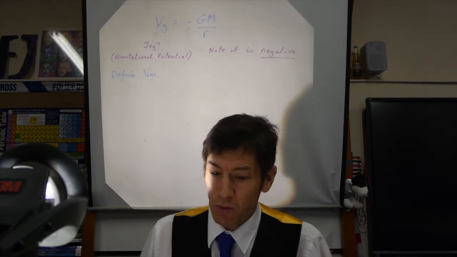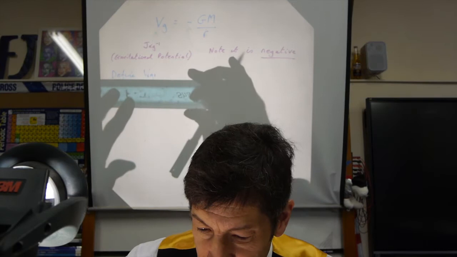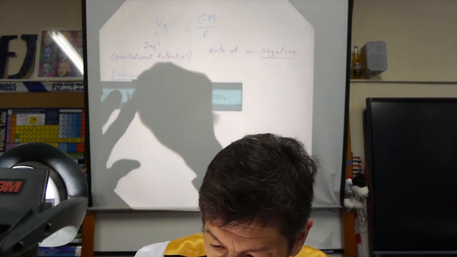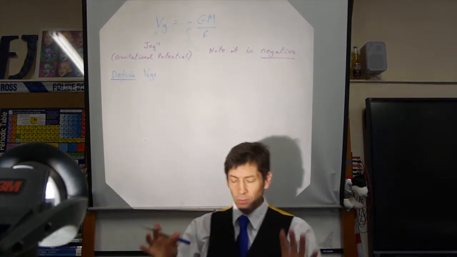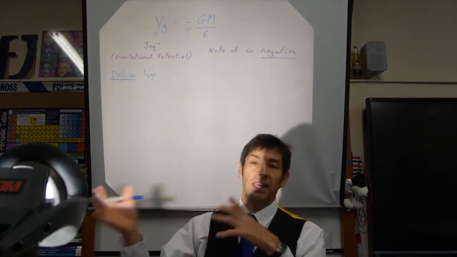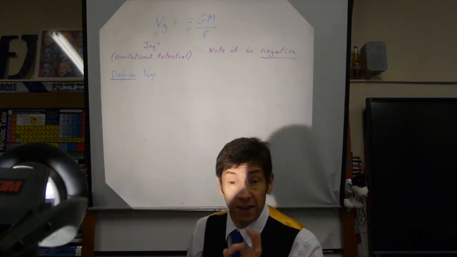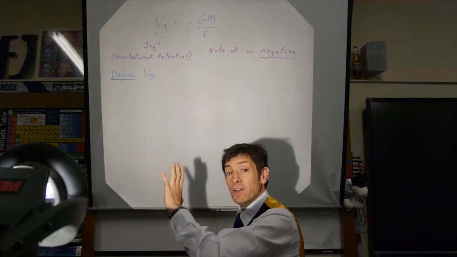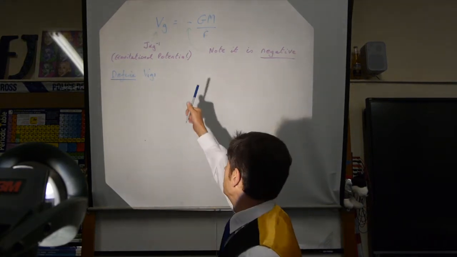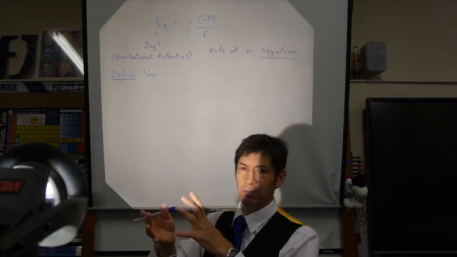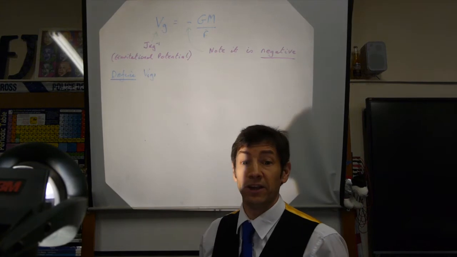Remember that if we define things in physics in terms of a statement, we don't use units. That's because our friends in America could be using inches, we could be using meters, etc. But the definition of Vg is the same for everybody. That's really important. The formula will be exactly the same as well, apart from there'll have to be a dimensionless constant in there to sort out funny units.